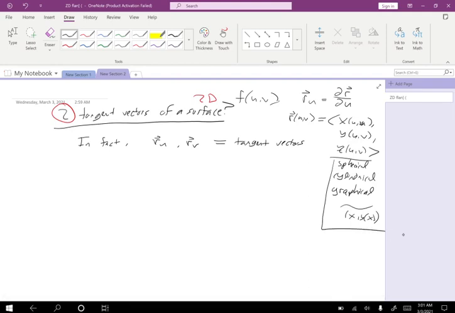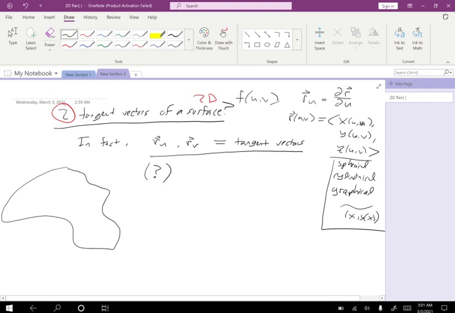So why are these things tangent vectors? That seems awfully easy. Well, it turns out, if we draw this pictorially, there's an easy way to see this. So what we'll do is we'll increment our position vector by du.